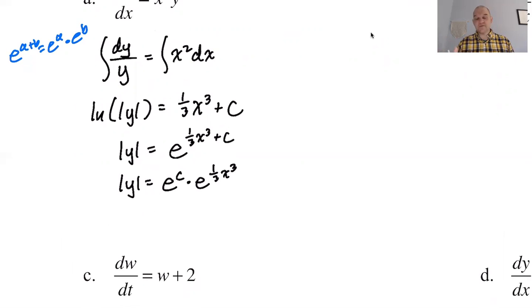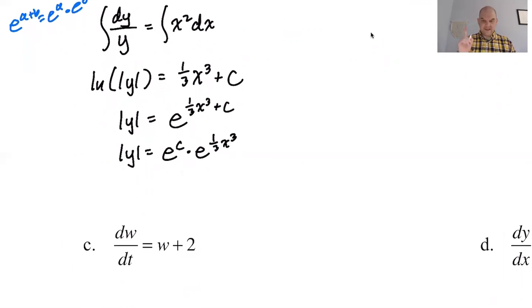I would have skipped this step, and I will show you how I would have done this problem soon. Now, if the absolute value of y is equal to the right-hand side, then that means that y by itself is equal to plus or minus e to the c times e to the 1/3 x cubed. But what is plus or minus e to the c? It's just some random constant that we don't really know.